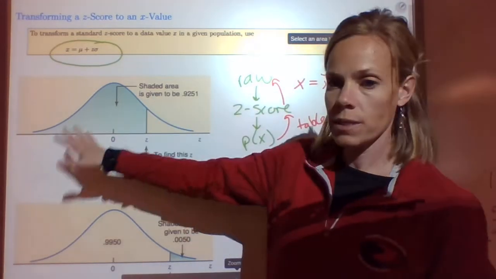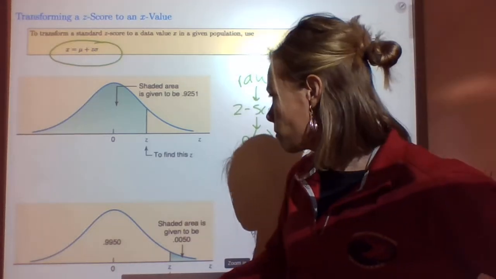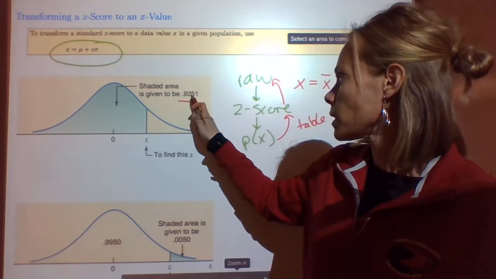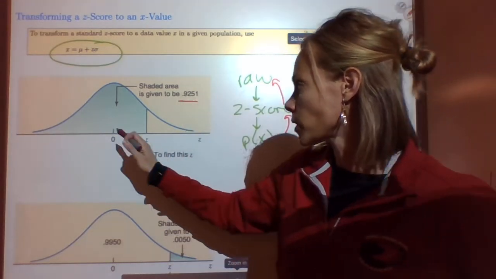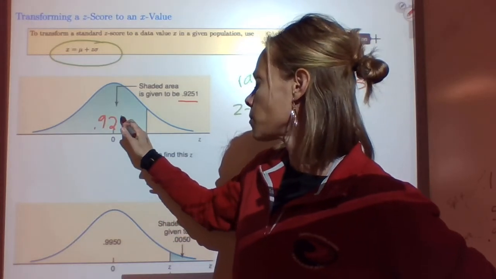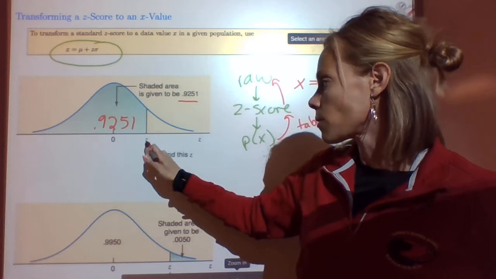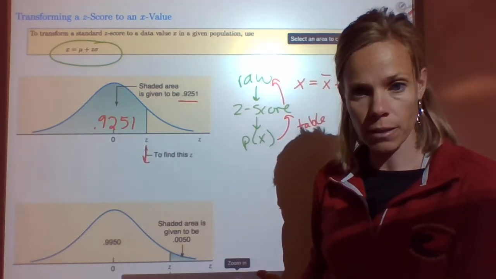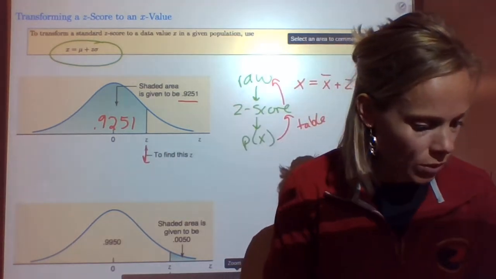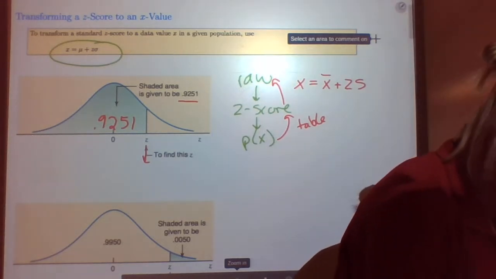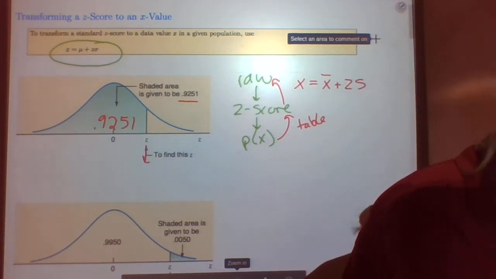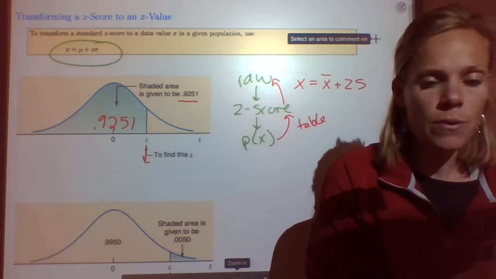Okay, so this is what's given to you. It's given that the probability is 0.9251. I want to know what z-score represents that probability. Okay, so you're still using that same table on A16, but now your answer is going to be in these numbers here.